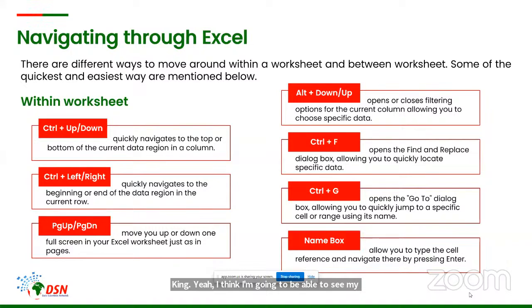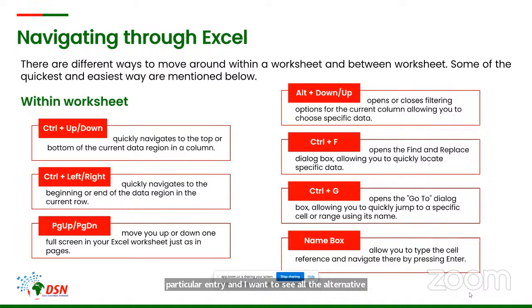So I'm actually on page up and page down. I said it just divides the sheets into pages, and then we can all see which particular page I'm working on. So we have Alt down and Alt up. This is like a quick access to filtering. If I'm on a particular column or entry and I want to see all the alternative options, that is what that does.